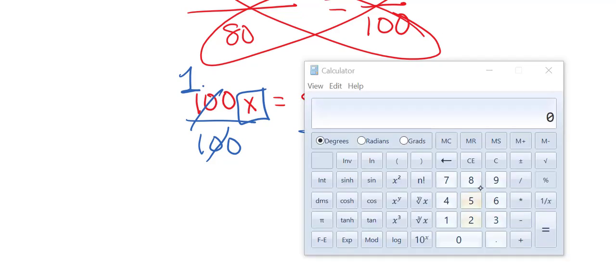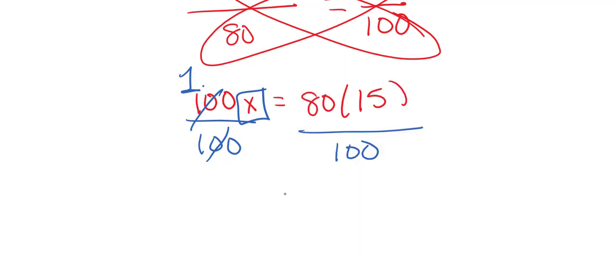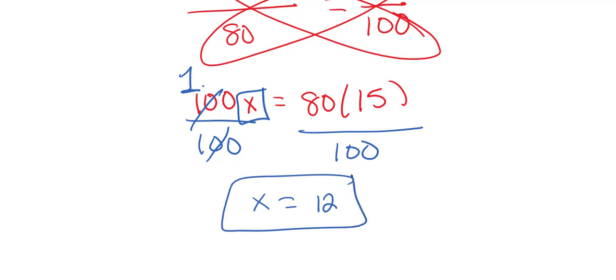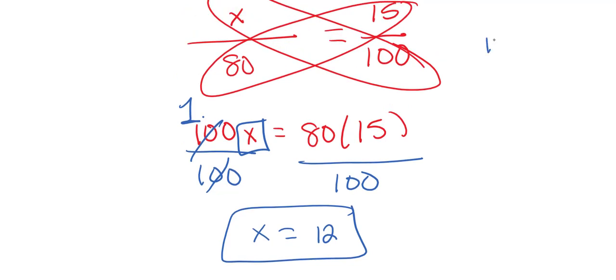Let's get our calculator. And we get 12. So how many homes did that real estate agent sell? 12 homes out of the 80. Just so you see this, 12 over 80 is equal to 15 over 100.